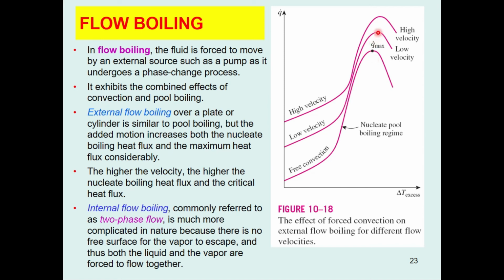So slightly increasing the velocity will increase the nucleate boiling heat flux and the maximum heat flux. For very high fluid velocities, what will happen? The boiling heat flux will be even higher. The upper curve shows the nucleate boiling regime, and the maximum Q max value will be the highest for the fluid which is moving with a very high velocity.